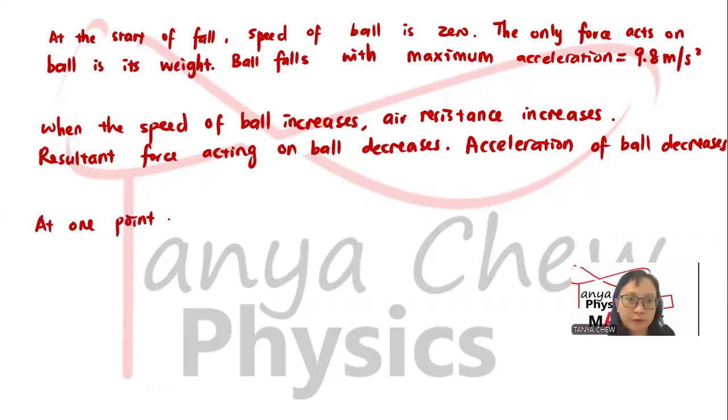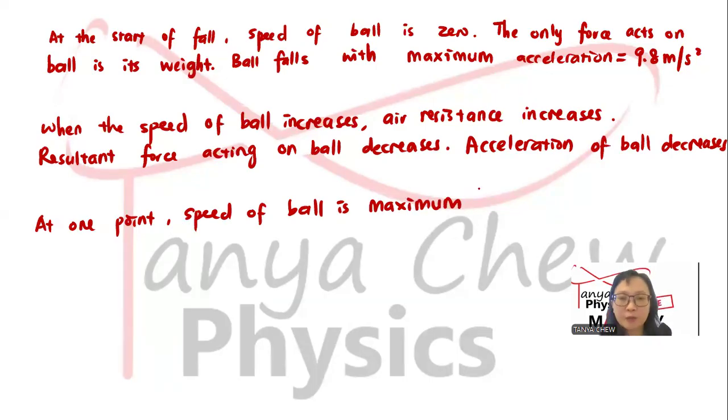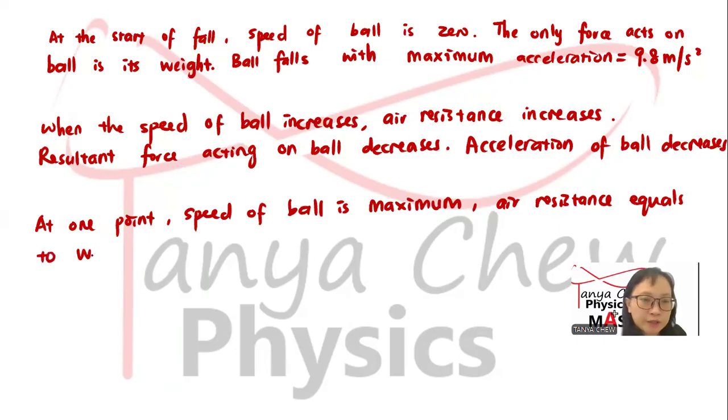And then the third stage, for the third mark, at one point, I don't know which point because the weight of the ball is not given, so I would say at one point, speed of ball is maximum. The keyword is like maximum, minimum, right? Speed of the ball is maximum. Air resistance equals to weight of ball.